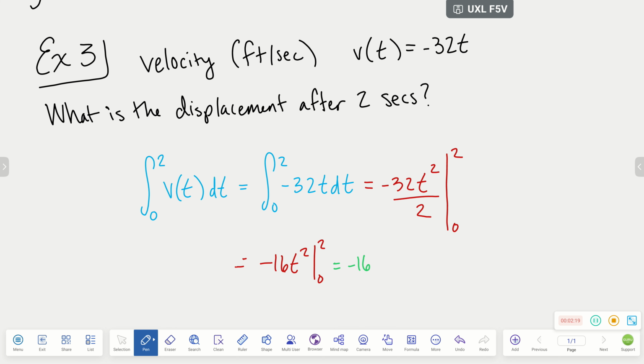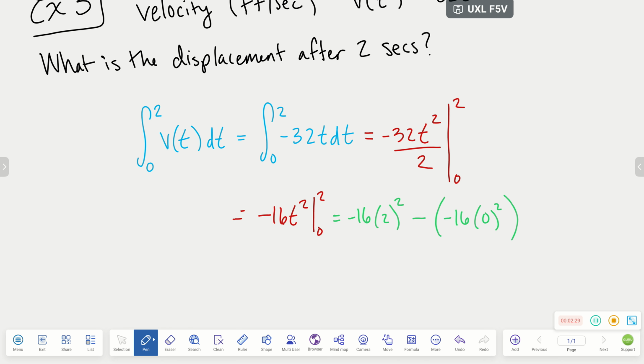So I have -16 times 2 squared minus -16 times 0 squared. So I get 0 here. And then 2 squared is 4, and 4 times -16 gives me -64 feet.